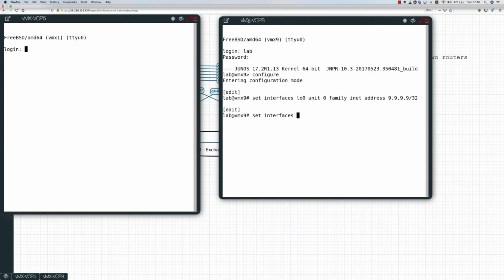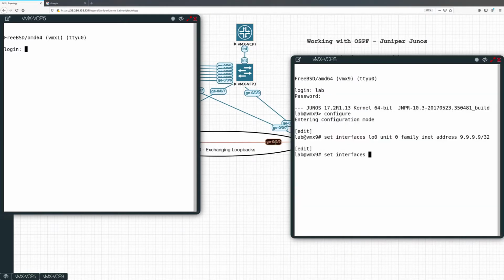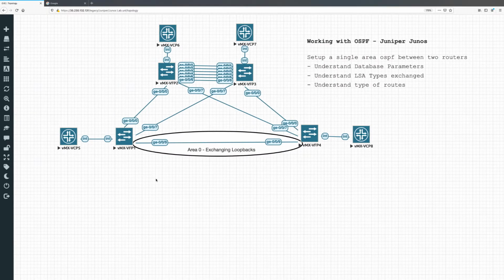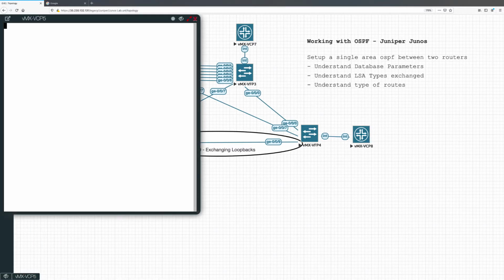In this particular lab, we'll see what different database parameters are exchanged, the types of LSAs that are exchanged, and the types of routes. I have two routers connected back to back, VMX1 and VMX9, so we'll consider them as R1 and R9.